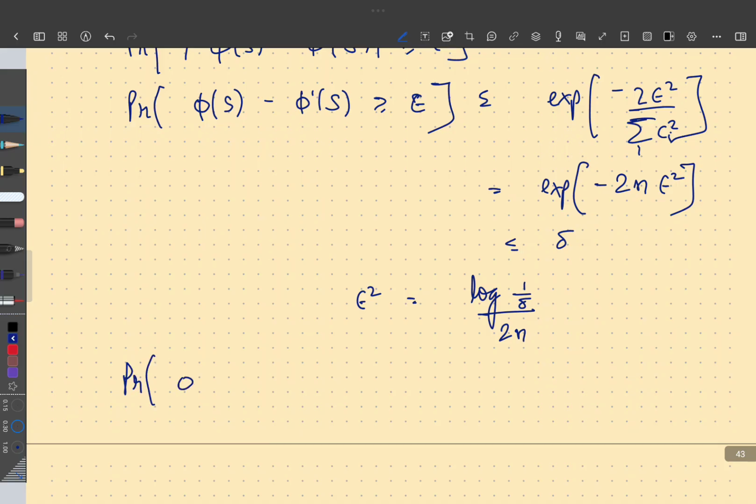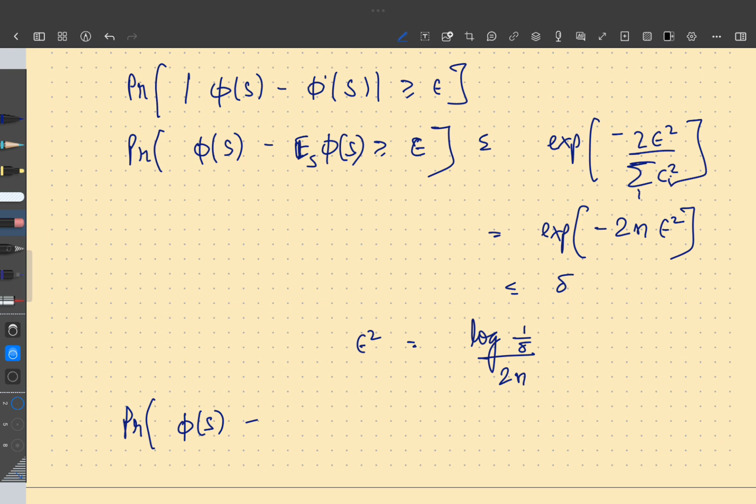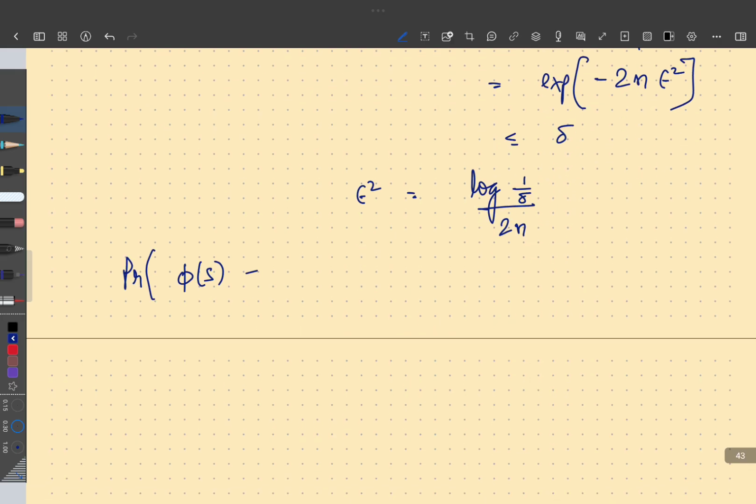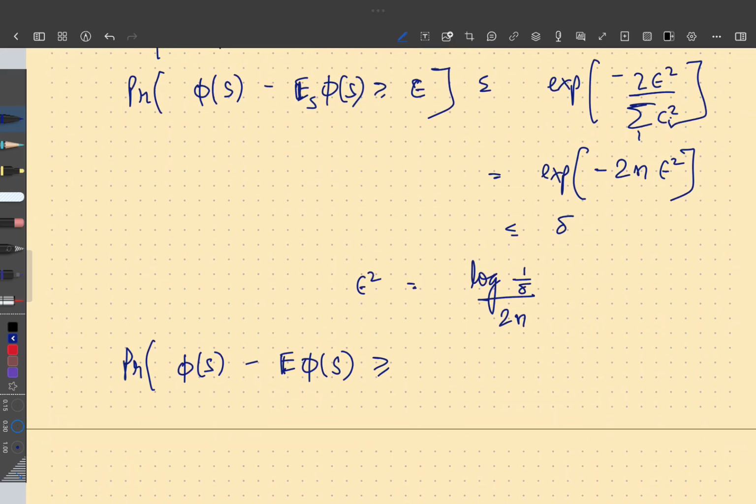So the probability that phi of S minus, I'm sorry, I messed this up a little bit, this should be the expectation over S of phi of S, is greater than or equal to epsilon, which is square root of log 1 over delta by 2n, is less than or equal to delta.